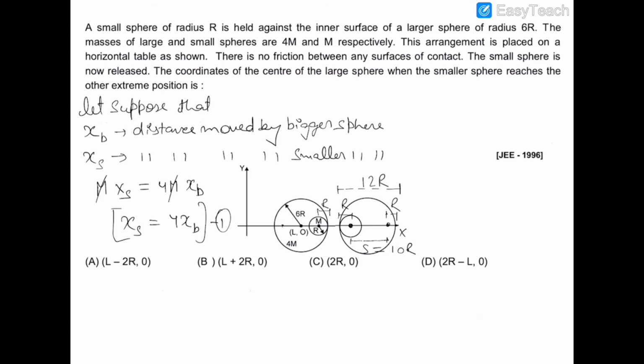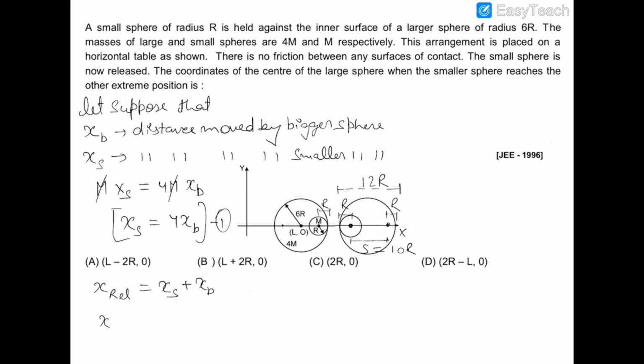So we know that the relative distance x relative is equal to xs plus xb, due to the fact that the smaller sphere is moving in the backward direction and the bigger sphere is moving in the forward direction.